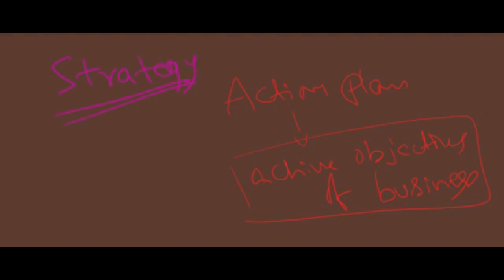Now strategy is concerned with planned actions at multiple levels. So what are those multiple levels? Typically you will have three levels of strategy. What are those three levels?